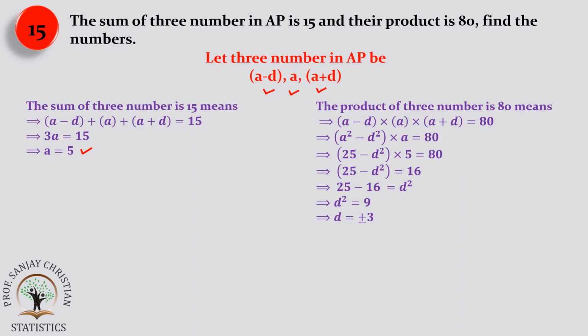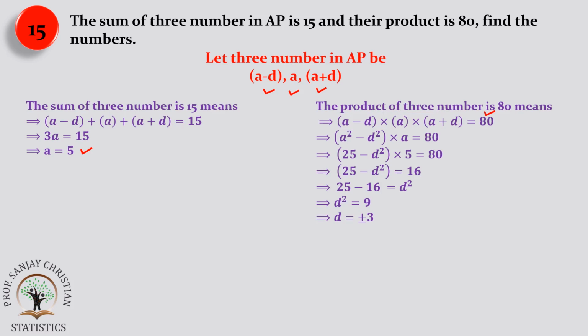Please try to understand the next step. We can take A minus D and A plus D as one formula, and that formula is A square minus D square. And A will be as it is. So A square minus D square is nothing but A minus D and A plus D, and the remaining values will be as it is, which are A and 80.